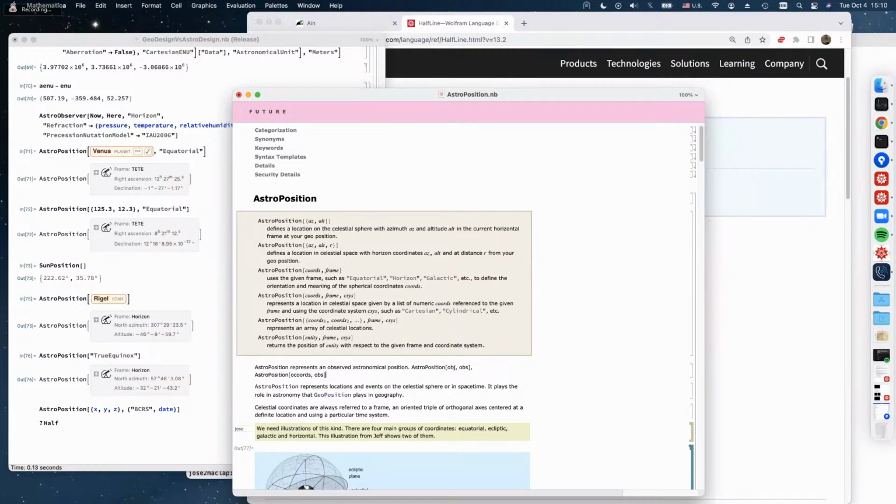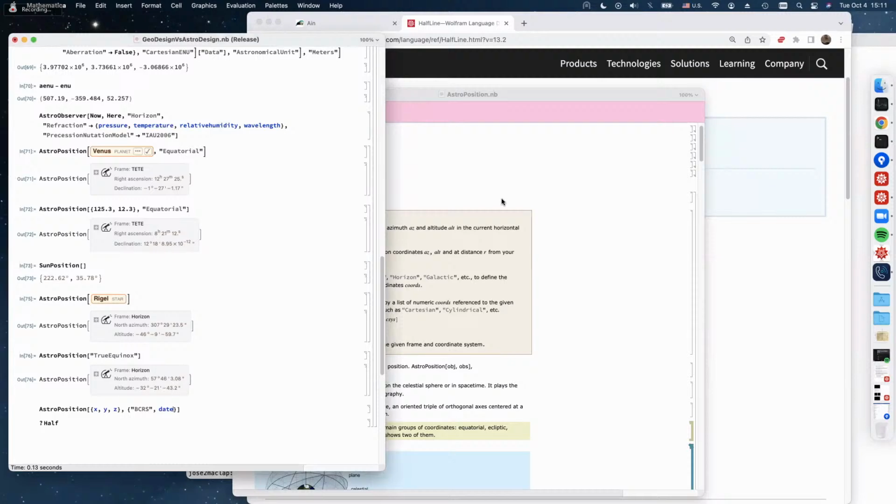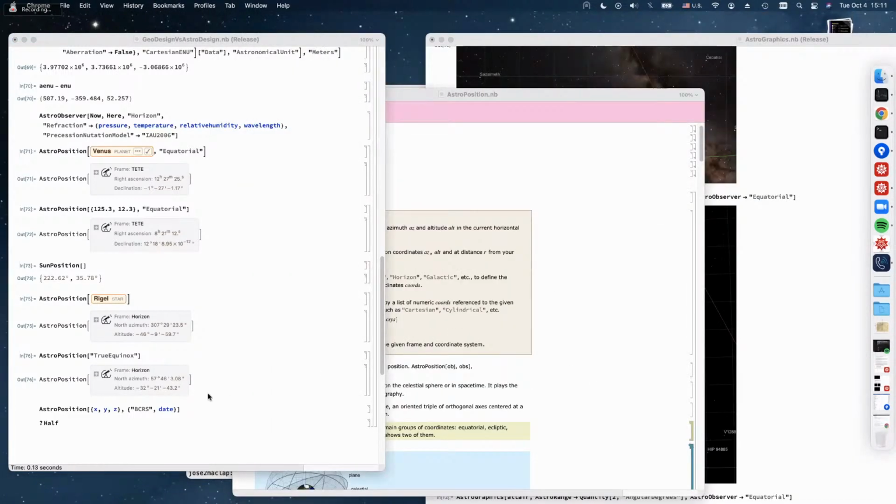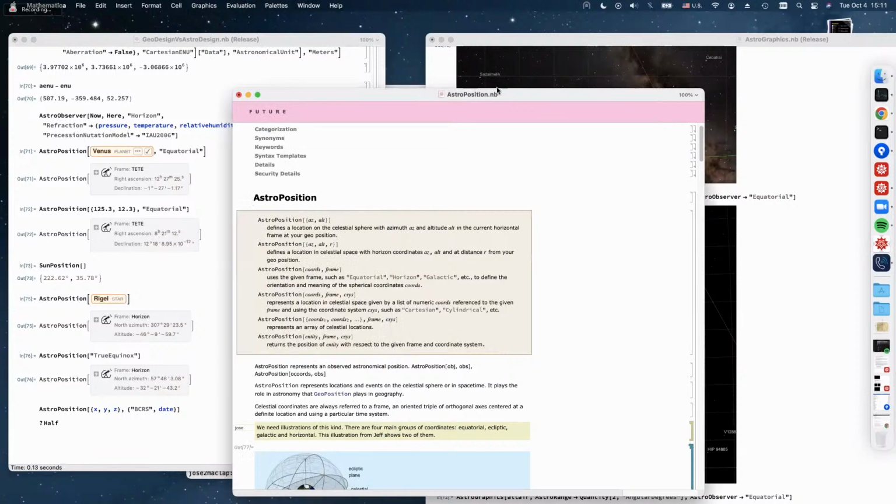Now, much like other things, there is a way in which astroposition might have raw coordinates in that first argument, not the observer's coordinates. The observer's coordinates are things like altitude, azimuth. But you could also specify BCRS, which is a raw coordinate system.